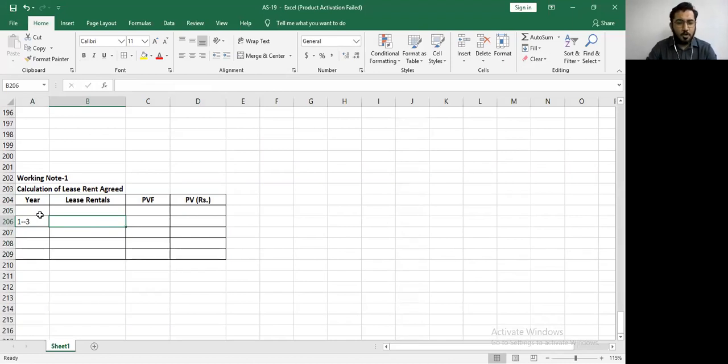Pay attention to how I am solving it. पहले 3 साल का हमारा लीज टेन्योर है. लीज रेंटल मुझे पता नहीं है, तो मैं उसको ब्लैंक छोड़ देता हूँ. प्रेजेंट वैल्यू फैक्टर 3 साल का मिला के कितना है? Look at the question and tell me what is your present value factor for the 3 years.